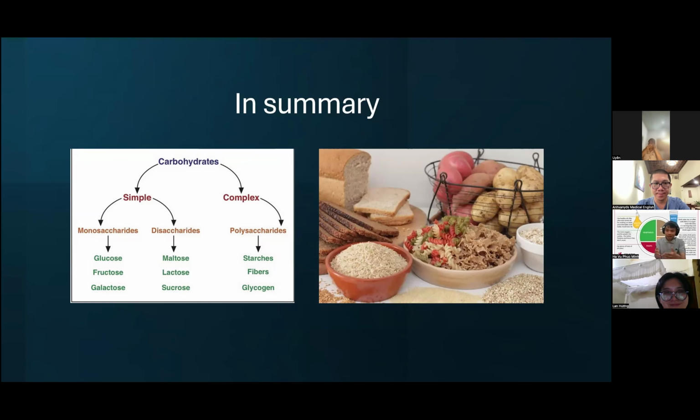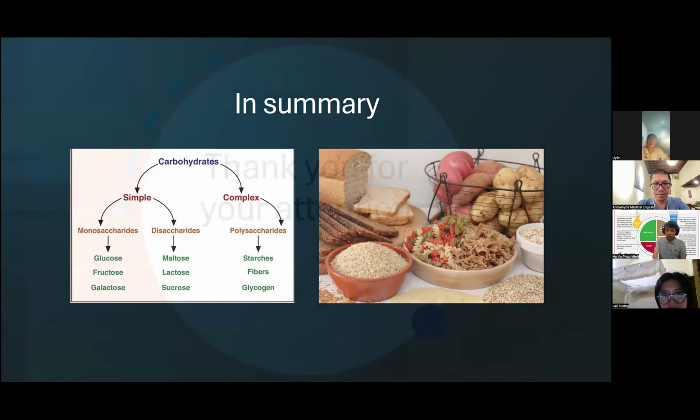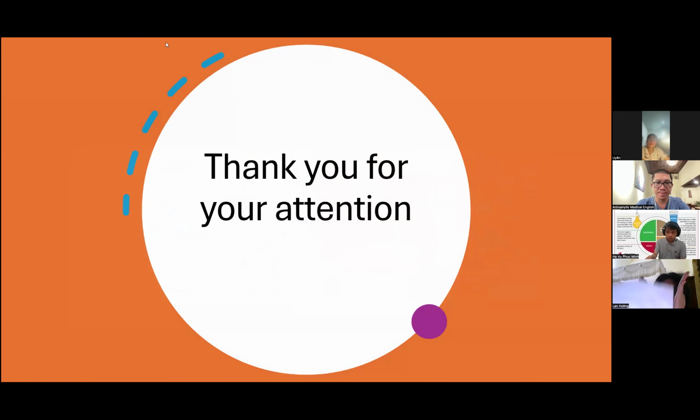And the complex ones are polysaccharides: starch, fibers, and glycogen. Carbohydrates are the most important energy source to maintain our body, especially brain cells. Thanks to Dr. Wing and Dr. Lang Hung for their presentations. I'll just summarize it. Okay, thank you for your attention.